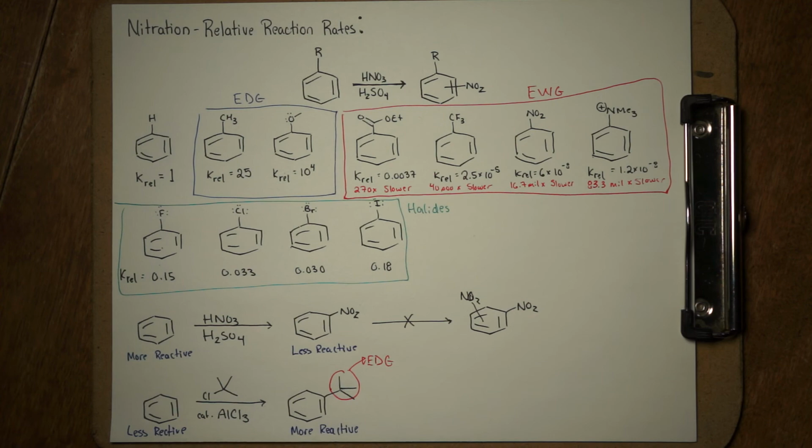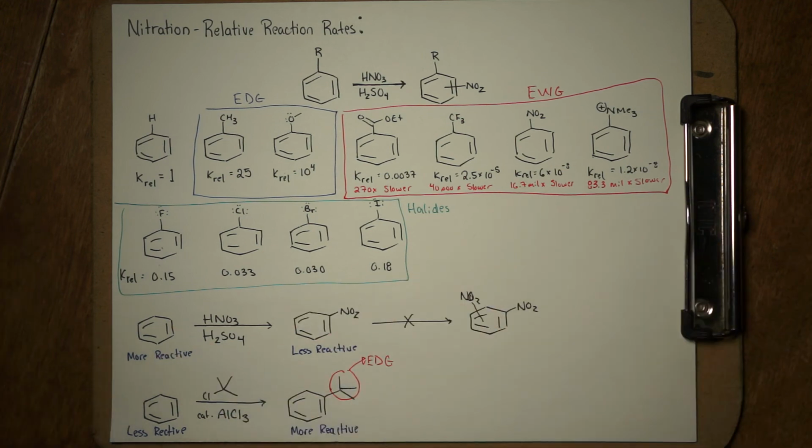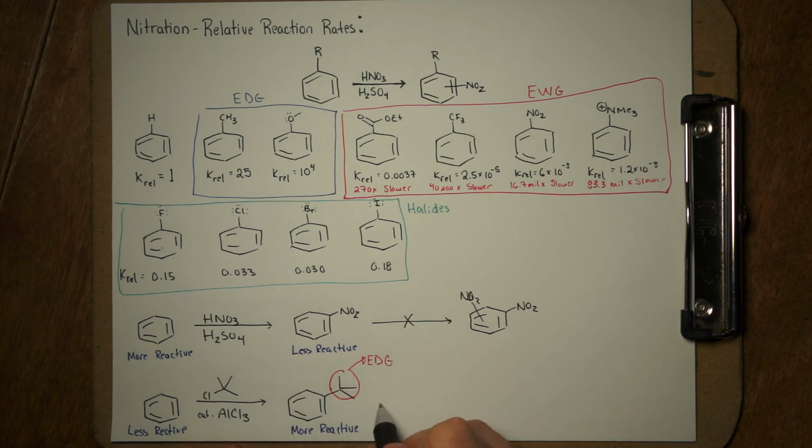The consequence of that is that whenever we do these reactions, the product and the starting material and all the reagents are going to be swimming around in that reaction soup at some point, so the likelihood of us doing another substitution on the tert-butylbenzene is more likely than doing substitution on benzene.